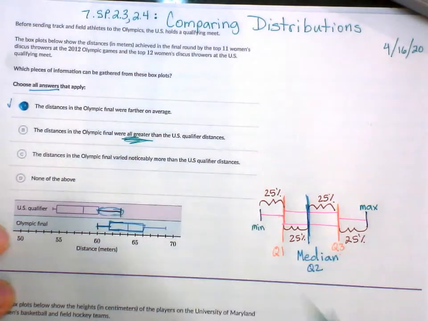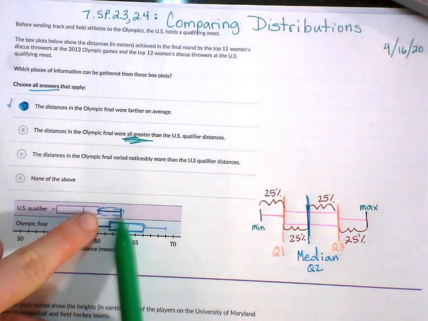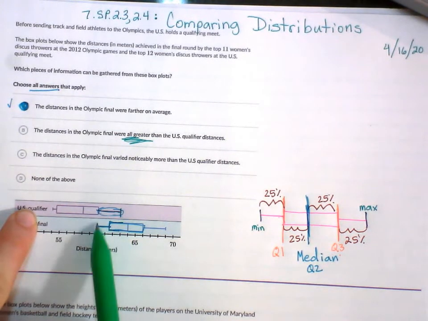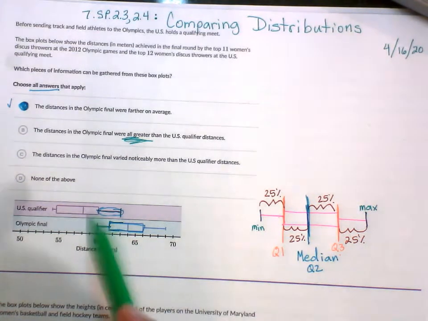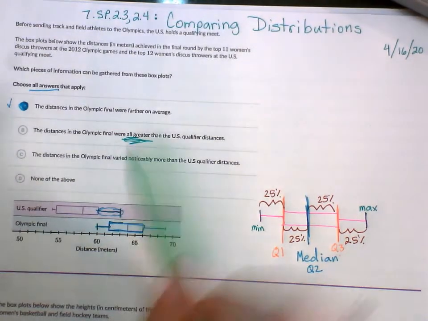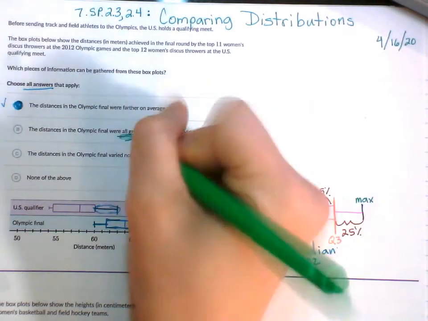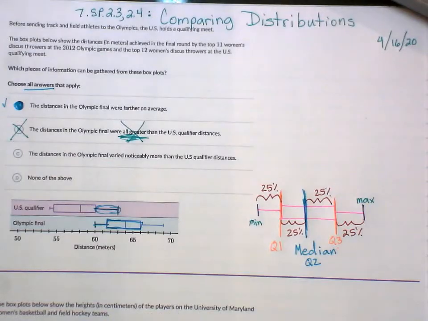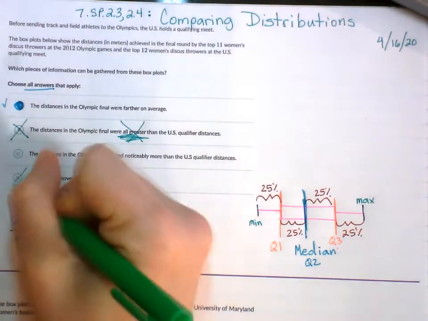So that means these distances for the US qualifier ladies were the same distances as the Olympics. So no, they're not all greater in the Olympic finals. They're on average greater, but all greater is way too specific. It's way too black and white, so no. We can eliminate D. This is none of the above.